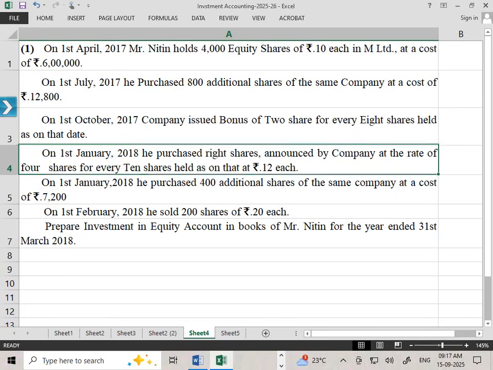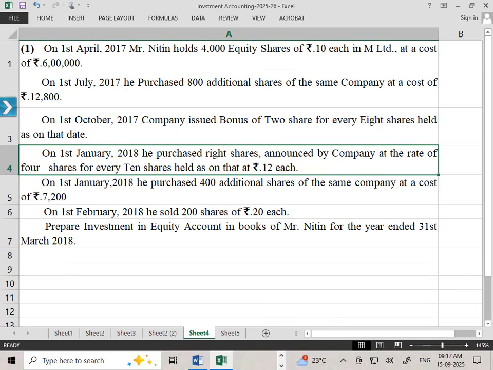This is over. On 1st January 2018, he purchased right shares announced by the company at the rate of 4 shares for every 10 shares held as on that date, at rupees 12.